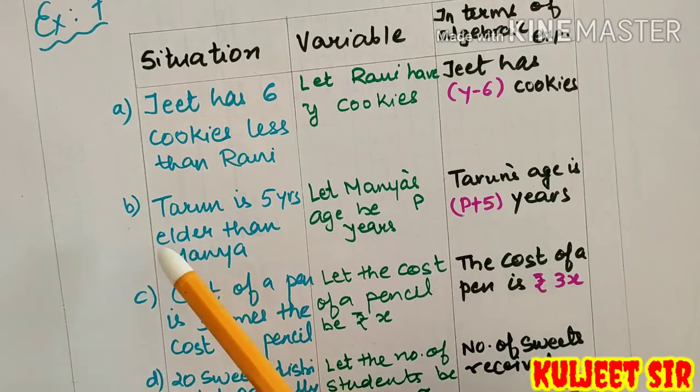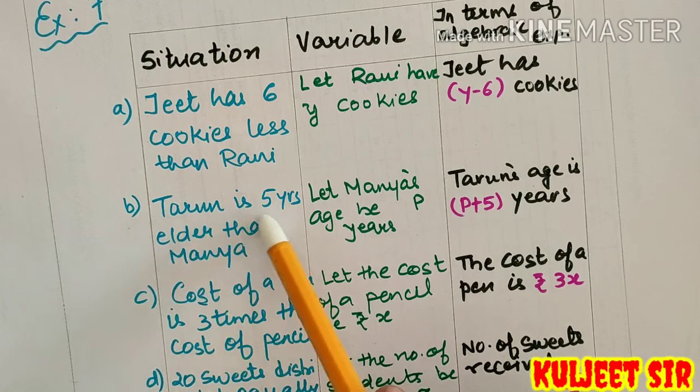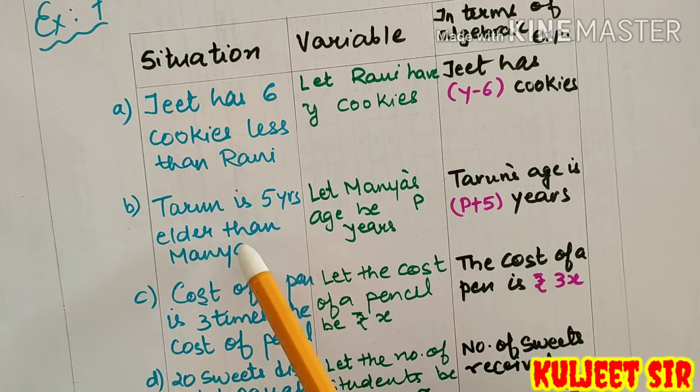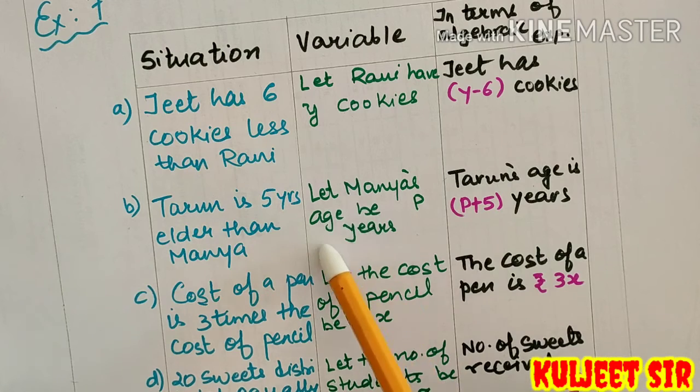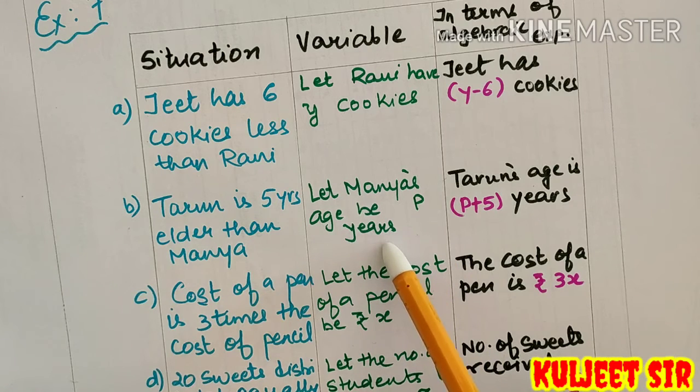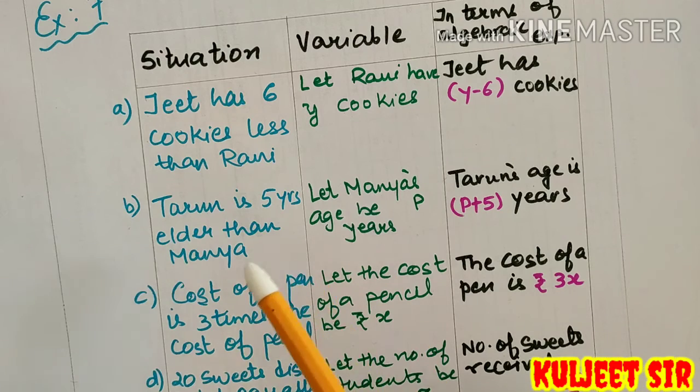We take example number B. A boy Tarun is 5 years elder than Manya. So his age is 5 years greater, he is elder than Manya. So what would be the variable here? Manya's age is not given. So let Manya's age be p years. According to the situation, Tarun is elder, so it is to be plus.